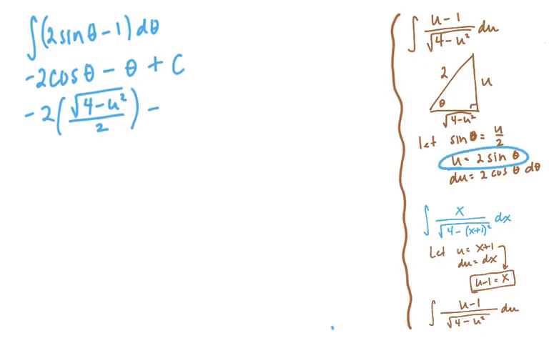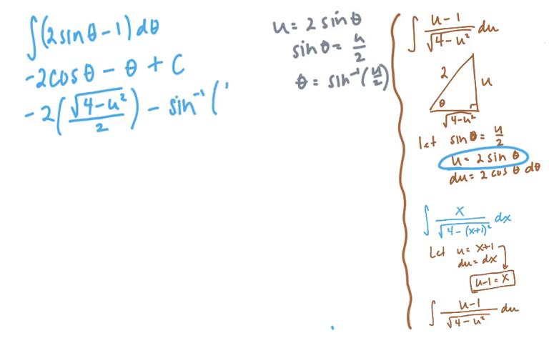So if we solve that for theta, we can say that, let's see, u equals 2 sine theta. So sine theta equals u over 2. So theta equals inverse sine of u over 2. That's the angle. It's asking for the angle, not 1 over.